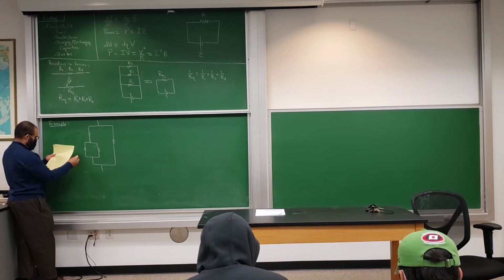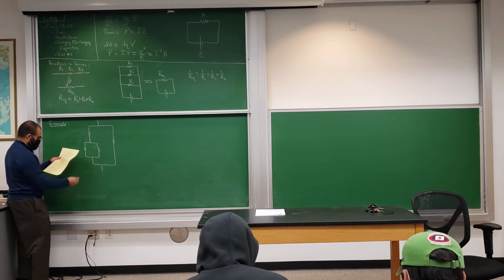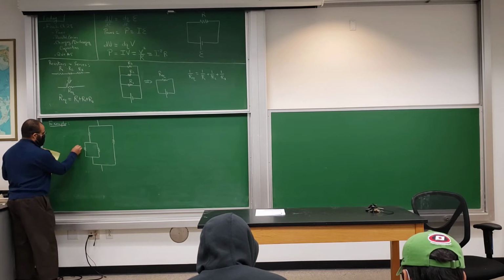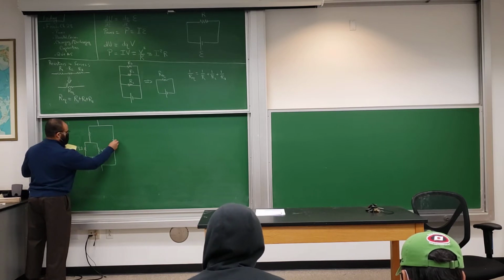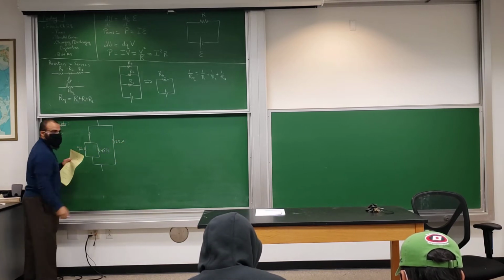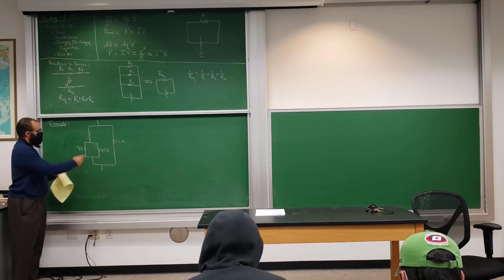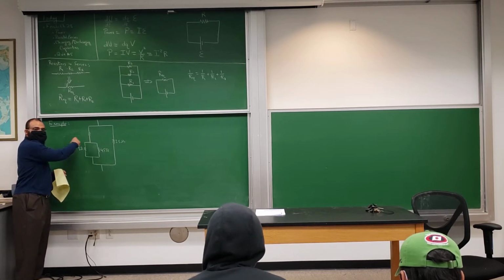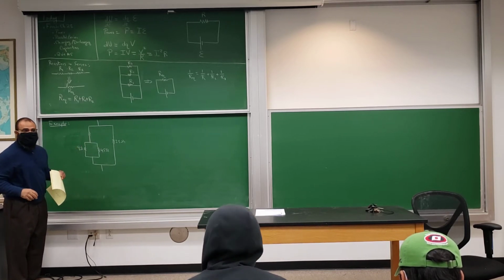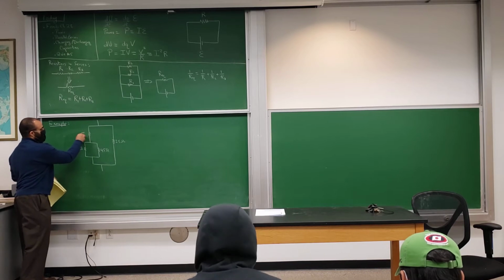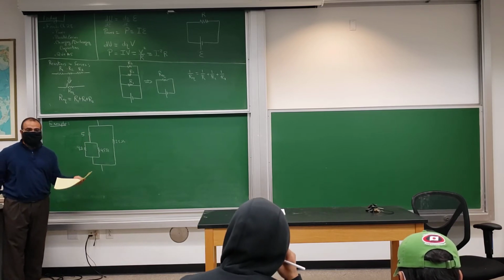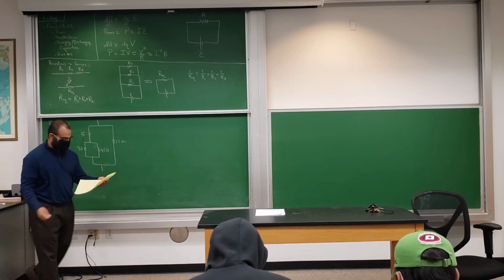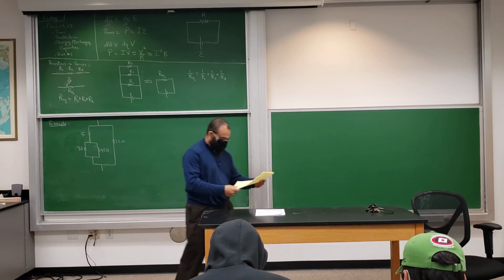This one is 9 ohms, this one is 45 ohms, 9 ohms, 45 ohms, 25 ohms. I copied this from the book, but I forgot to copy this number, so let's make it up. Let's make it 5 ohms. Which means I will not have the answer, so you have to help me.